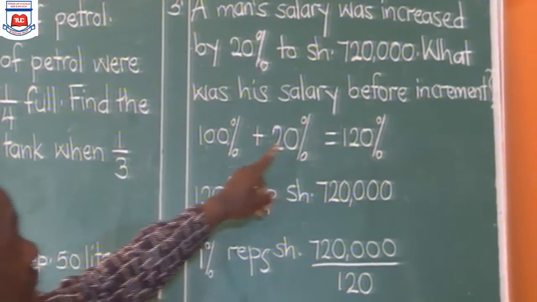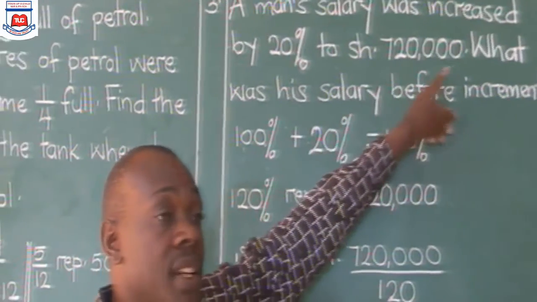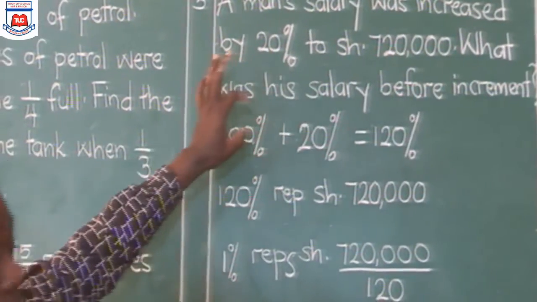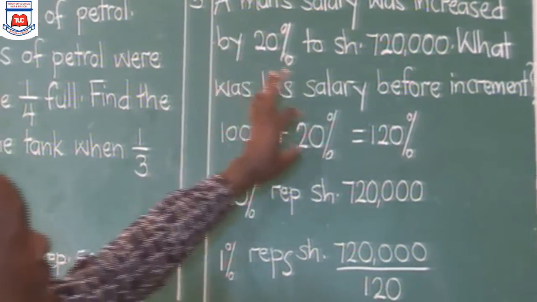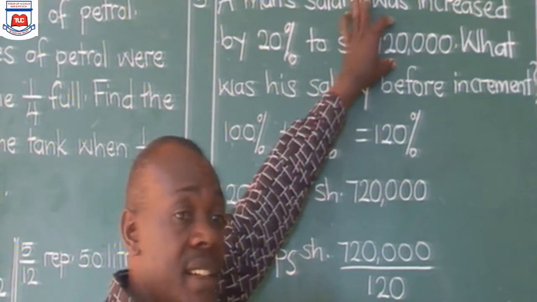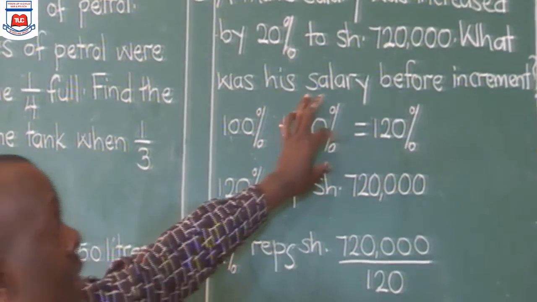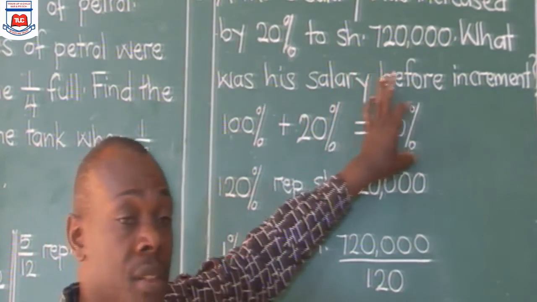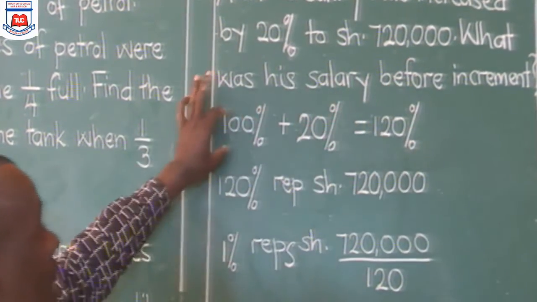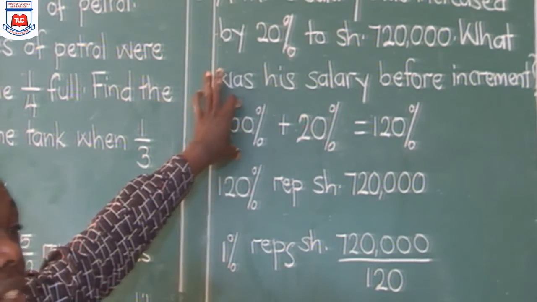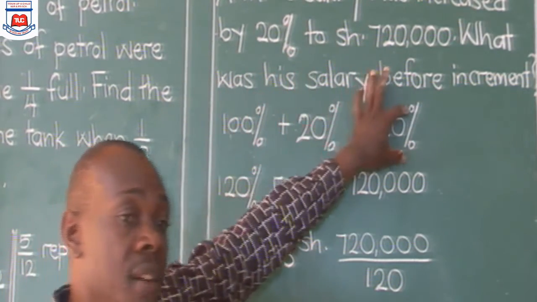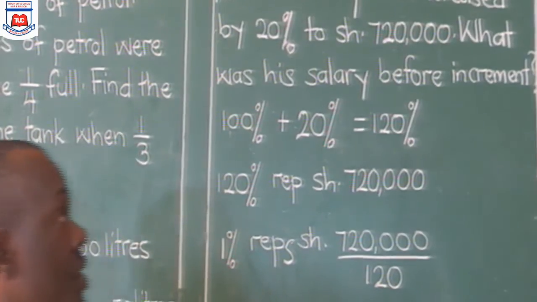Then what's the new salary? It is 720,000 shillings. So both are new: the 120% as well as the 720,000 shillings. Why are they new? They are the result of the increase. After increasing the original percentage, which is 100%, by 20%, we have come up with 120%.